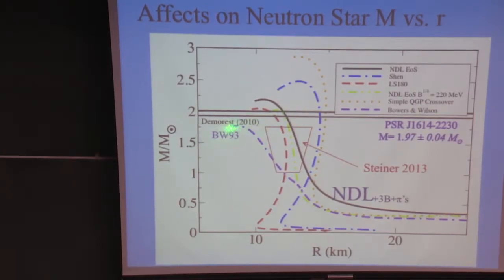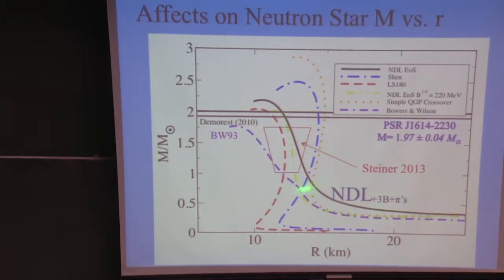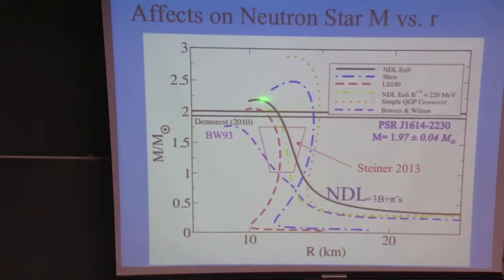So for example, like many equations of state, our old one from 1993 doesn't make a 2 solar mass star. It makes only about a 1.7. So that's ruled out now. We can't use it in our simulations anymore. But the new one that we generated is this one, even if we just use the hadronic part. Yeah, then we can get to 2 solar masses.